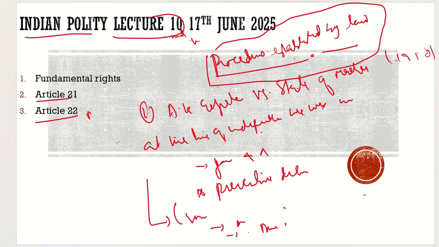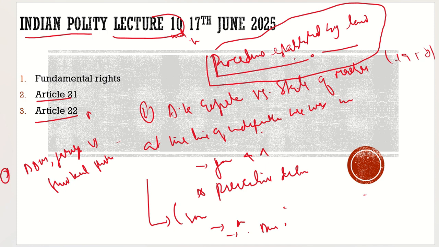Then the second case which we need to know here is about the Maintenance of Internal Security Act, which is basically ADM Jabalpur versus Shivkant Shukla.